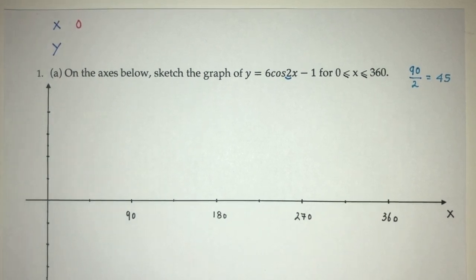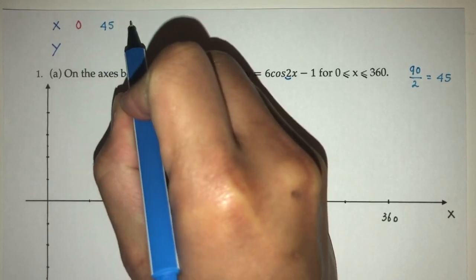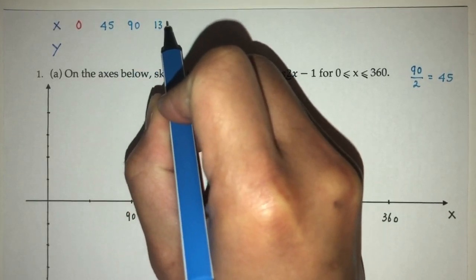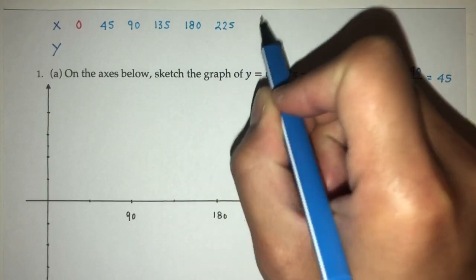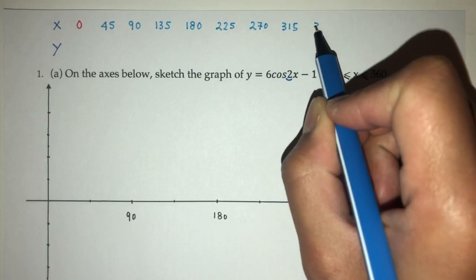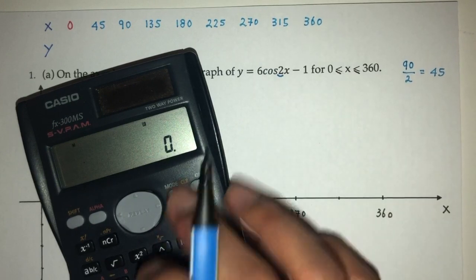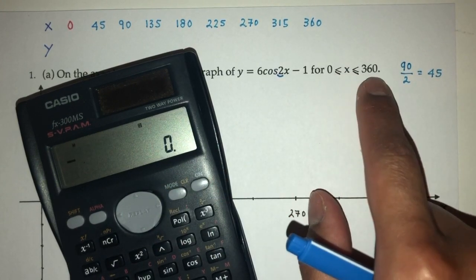The interval is 45, so that will be 0, 45, 90, 135, 180, 225, 270, 315, and then 360. Now you just have to plug the values into the equation. Here we have to use degrees because x is between 0 and 360 degrees.